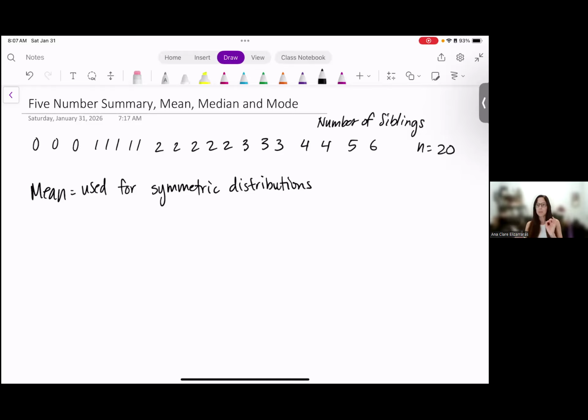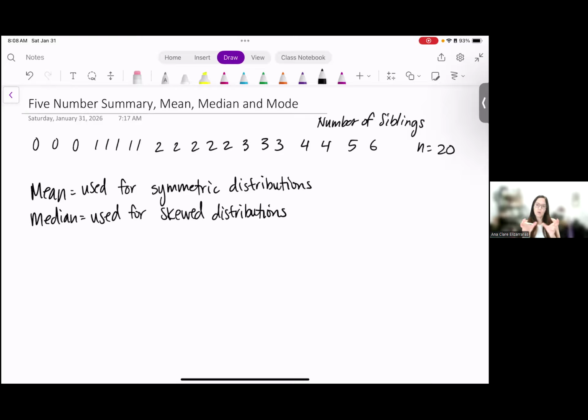The median is a better measure of center in that case, because the middle of your data set is still in that 100 range. So we use the median when you have skewed distributions. The middle of the data set.